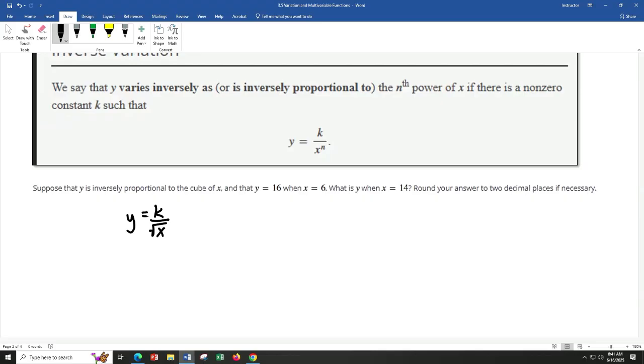So they're going to say, hey, when y is 16, well, let's put a 16 here, and when x is 6, what is y when x is 14? Well, we don't know yet because we don't have that constant yet, do we? So let's take a look at that. We got y equals k over the cube root of 6.